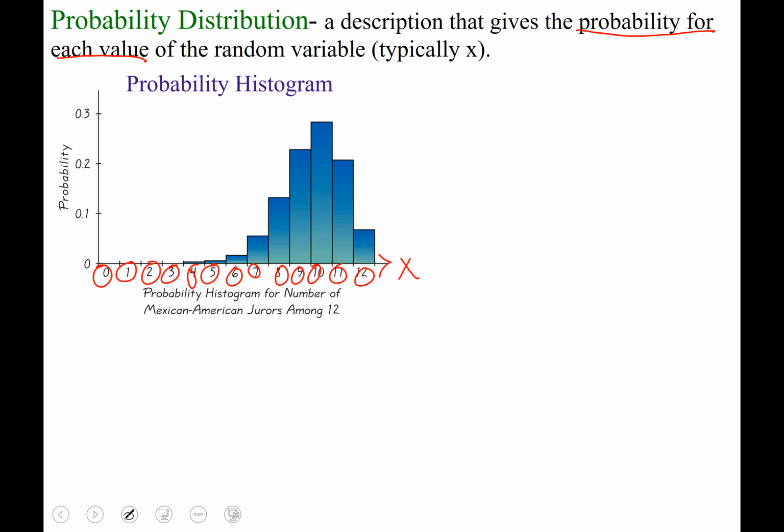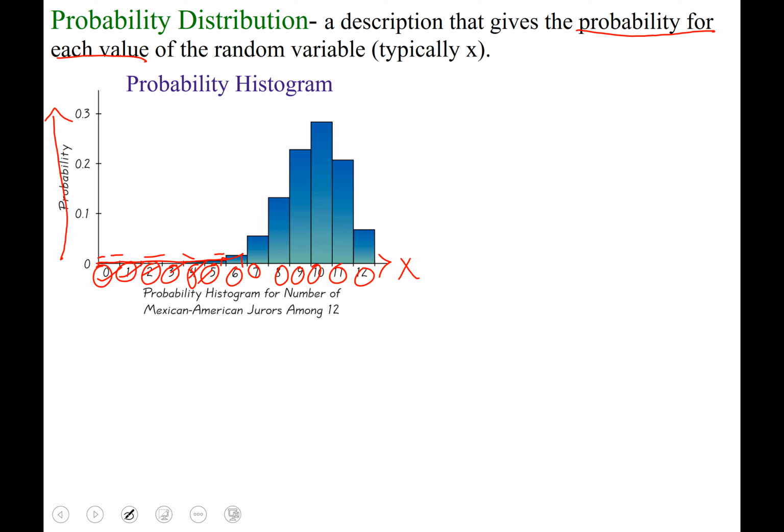Okay, the vertical scale shows those probabilities for us. So it looks like to have 0, 1, 2, 3, even 4 and 5, there's almost no probability of having exactly that many jurors. 6 starts to show up a little bit, the probability of having exactly 6 out of 12, still really low though.